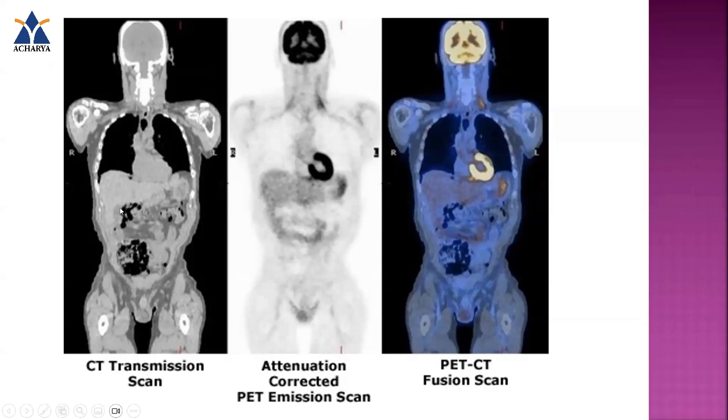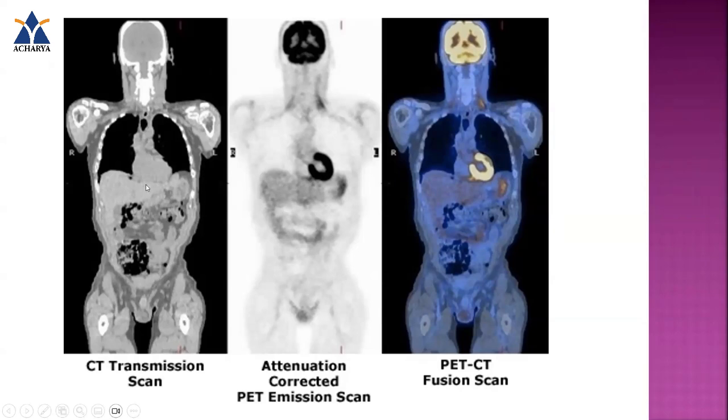In the CT image, the structures are clearly visible, but the metabolic information is not shown clearly. In PET, on the contrary, the structure is not shown, but the metabolic or physiological activity is clearly visualized.